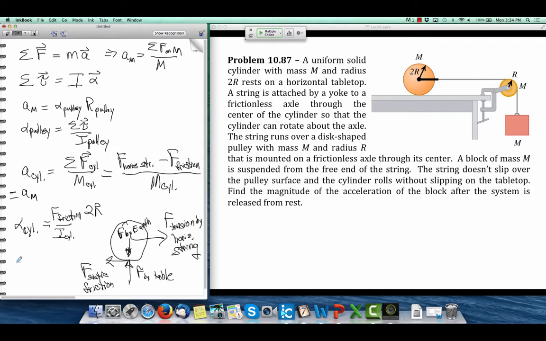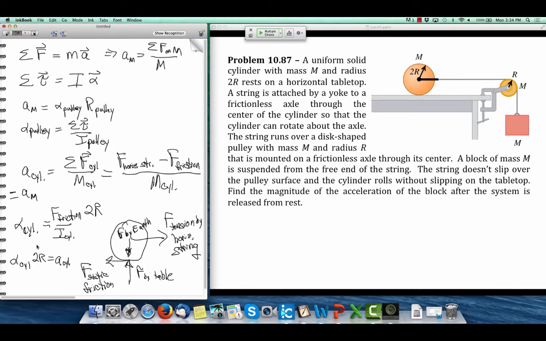The angular acceleration of the cylinder times the radius of the cylinder is equal to the translational acceleration of the cylinder. And of course, the translational acceleration of the cylinder is the same as the translational acceleration of the mass.